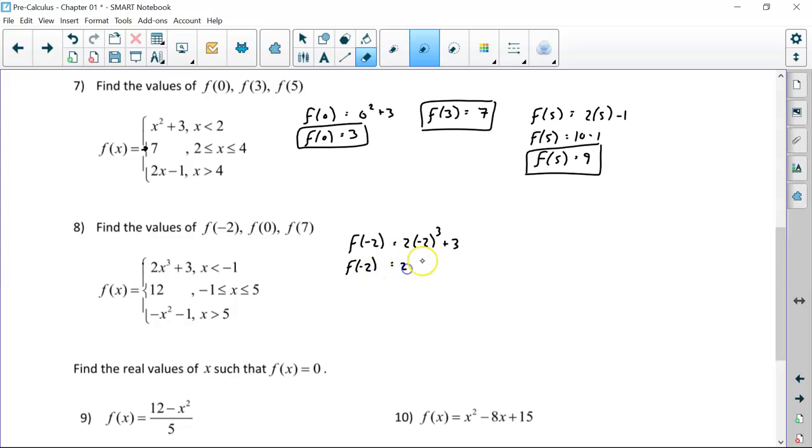Negative 2 cubed, negative 2 times negative 2 times negative 2, is negative 8. 2 times negative 8 is negative 16 plus 3, so f of negative 2 is going to be negative 13.